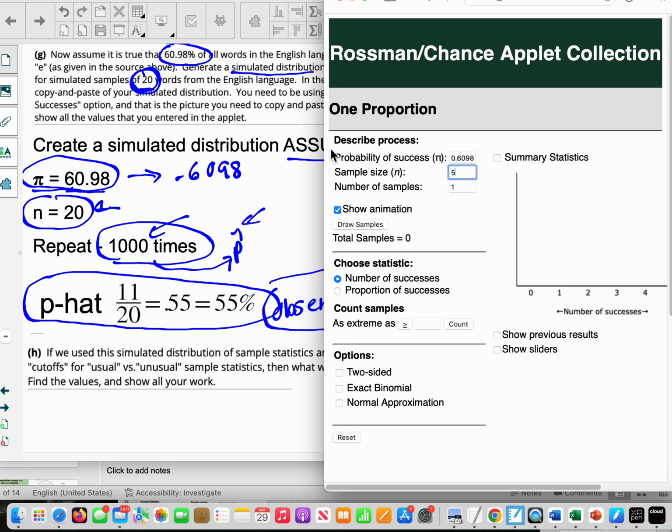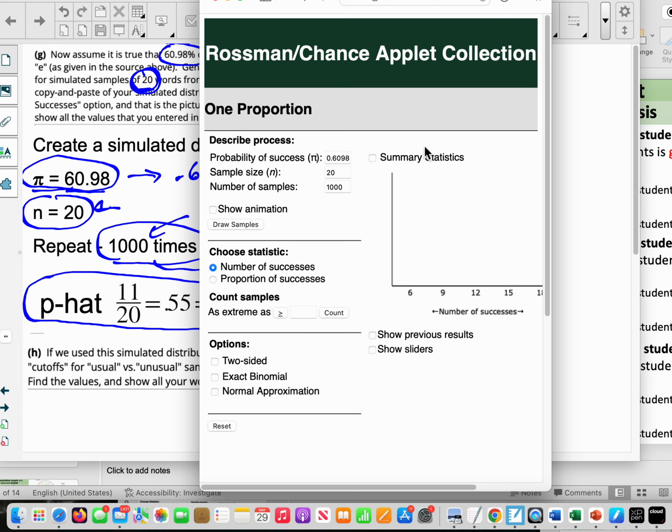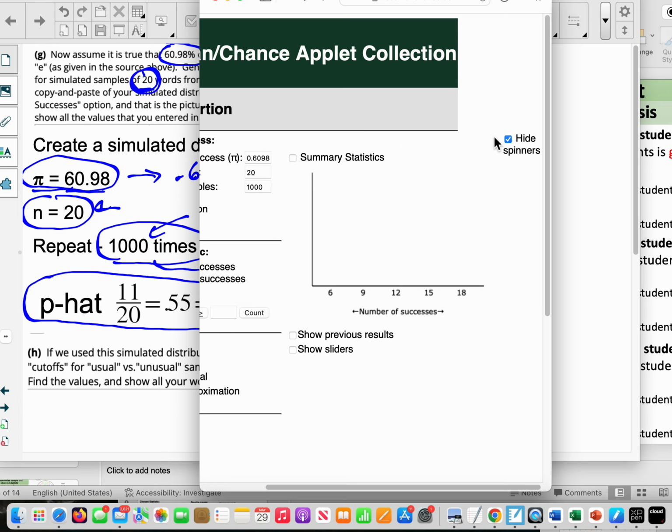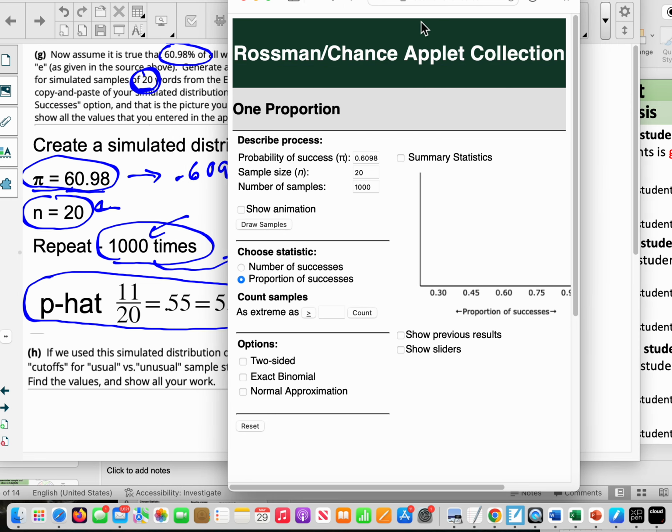Again, when it says describe the process, these are all the assumptions that I'm telling the computer to use to generate the distribution. I know that I want 20 here because that's my n value. And then this number of samples is how many times do I repeat it? 1,000 times. I'm actually going to turn off this animation, and I hide my spinners here. They just add clutter. All right. And because I have a proportion of success, I'm going to click proportion of success down here.